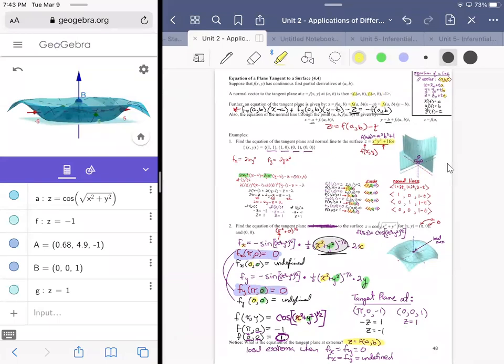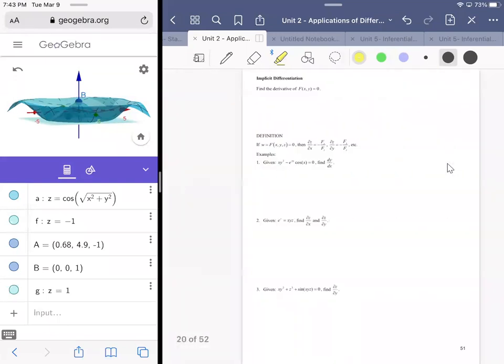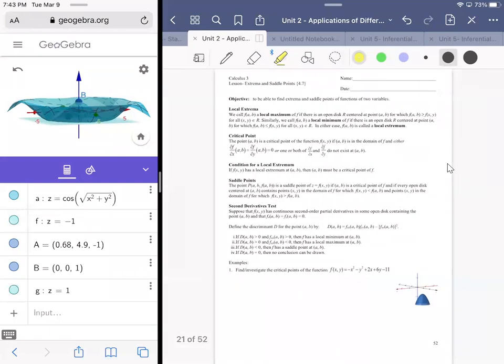The last thing that I was going to point out, we're not going to actually do anything with it, is related to extrema and saddle points. That's actually what we're going to get to next class, page 52. So what I'm going to ask you to do between now and then, really not a whole heck of a lot, just read this.